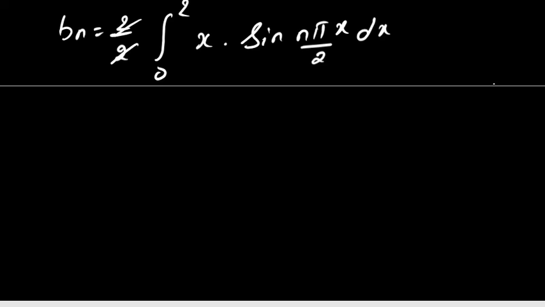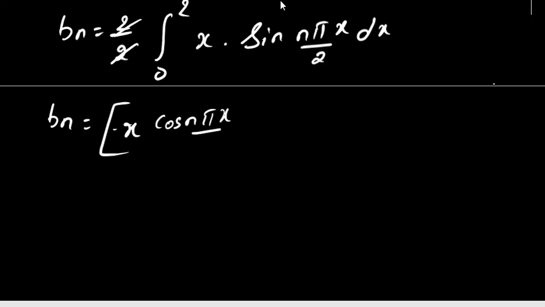So applying integration by parts, bn is equal to first function. Always take the first function as the variable which terminates soon after some differentiation. So first function, integration of the sine function, it becomes minus cos n pi x by 2, whole divided by n pi by 2, which is the constant.